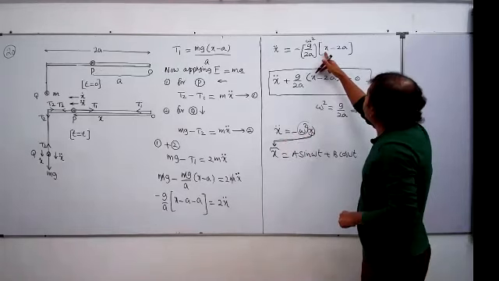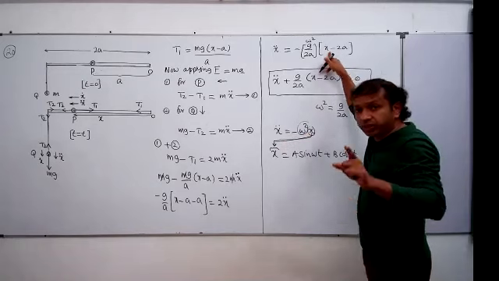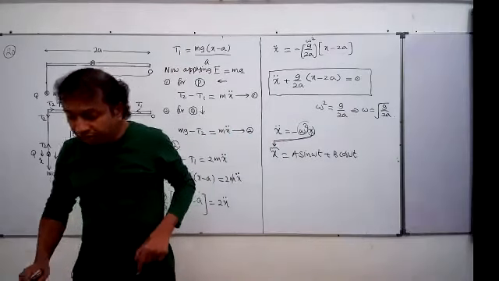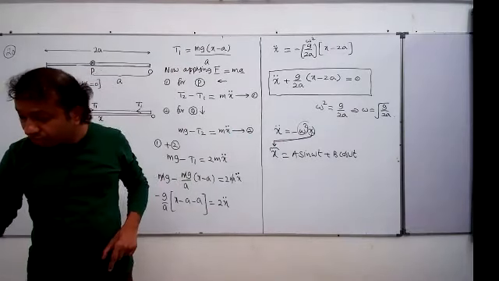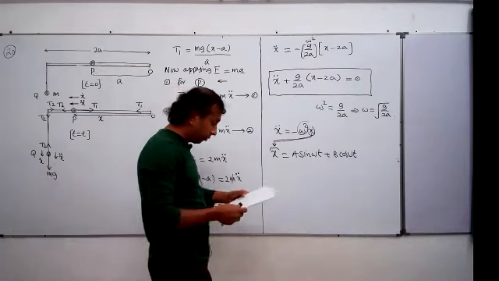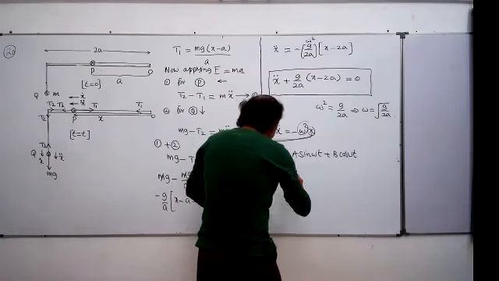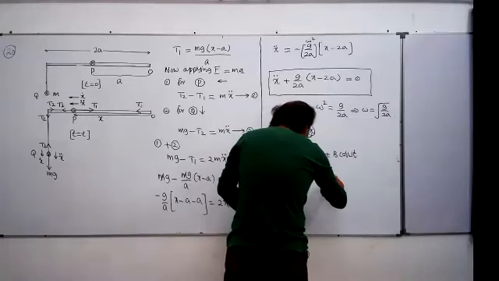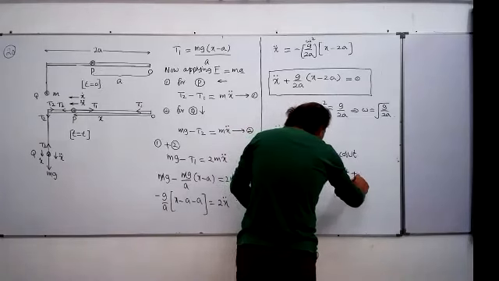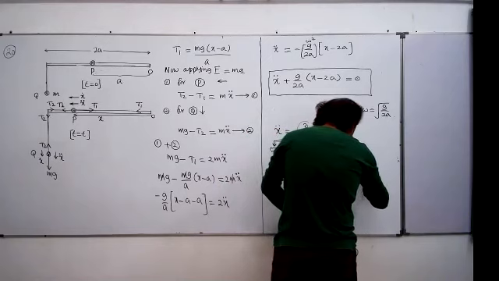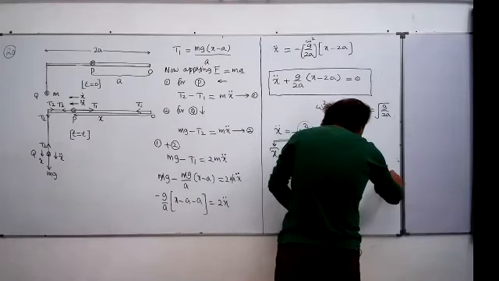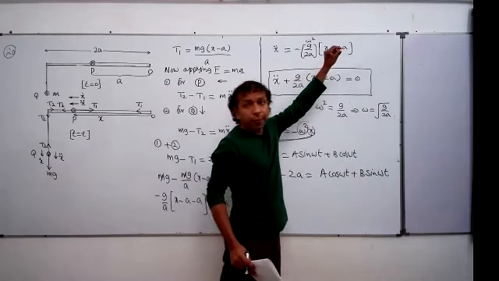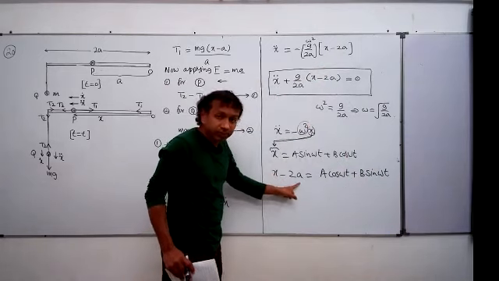Now, like that, people, this x minus 2a, in the question itself given, can be written in this form. What form, people? x minus 2a equals a cos omega t plus b sin omega t. Correct? This right hand side can be written as this.